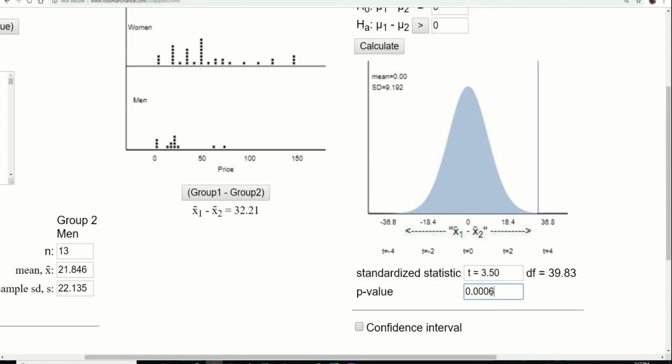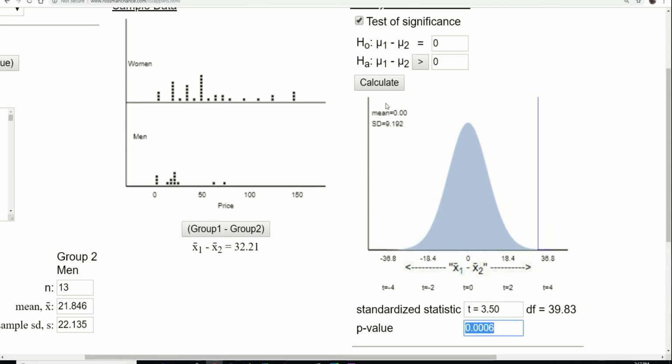And notice the corresponding p-value, 0.0006, very small. It's a highly significant result. So we are very confident in saying that mu1 minus mu2 is greater than 0, or in other words, that the mean price of women's haircuts is larger than the mean price of men's haircuts.